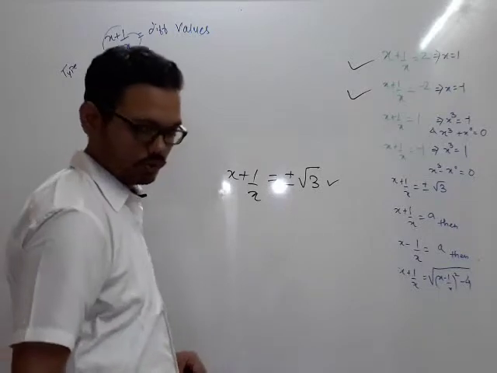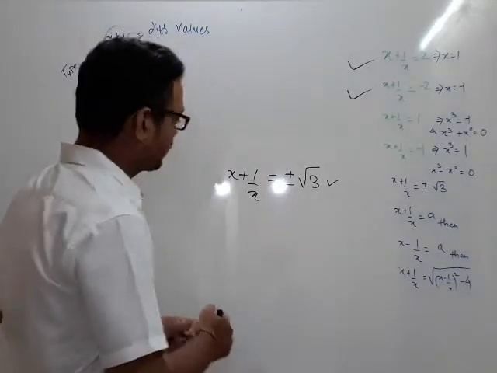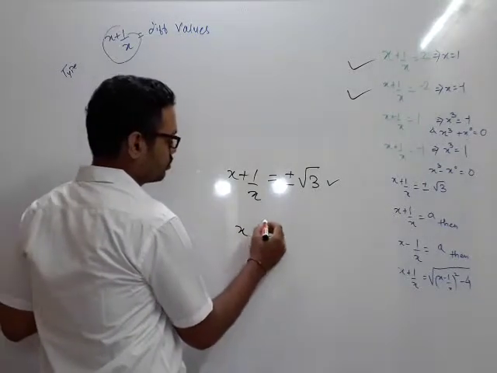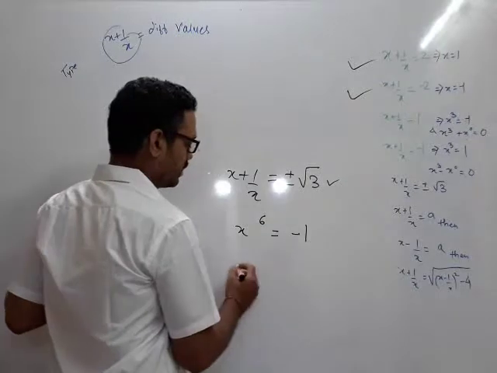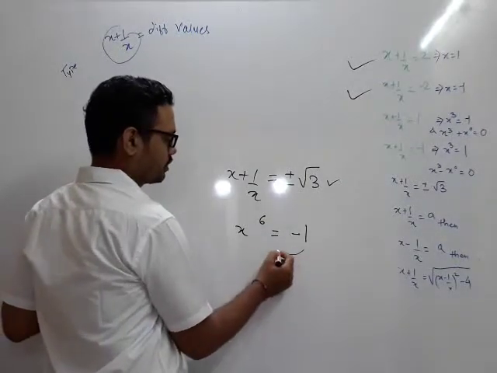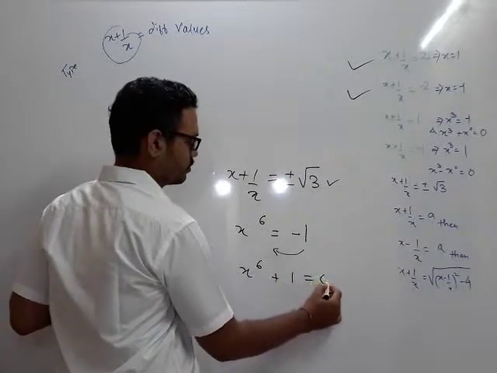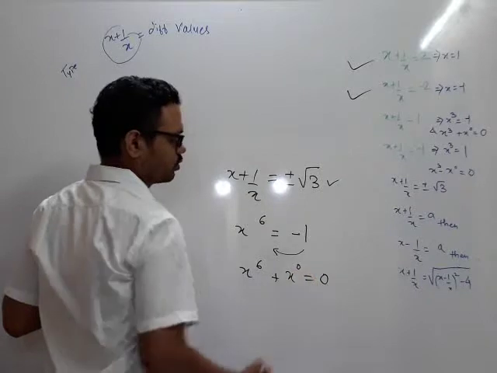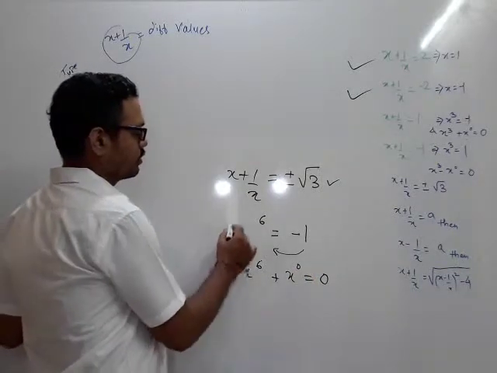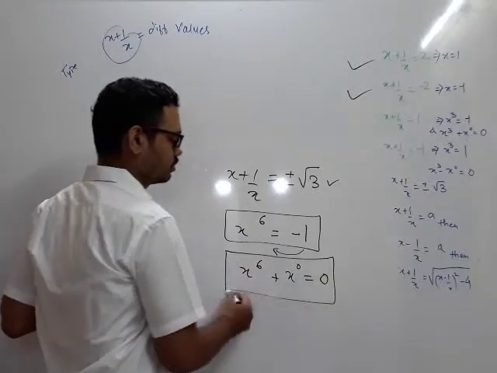When x plus 1 by x is root 3, what do we have to remember? We have to remember that x raised to 6 is equal to minus 1, which means x raised to 6 plus 1 is equal to 0, and 1 we will write as x raised to power 0. So we have to remember these two conclusions, these two formulae.